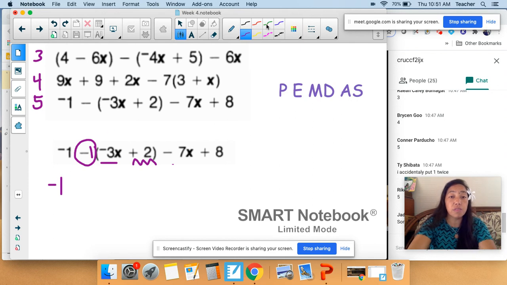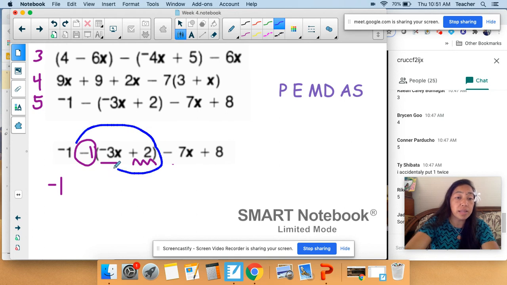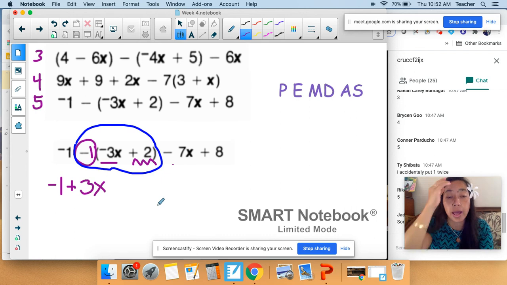So now we are just going to focus on this part here. We're not even going to look at that negative 7x or that 8. We're just going to look right here where I circled in blue. So what is the opposite of a negative 3x? Oh, it's a plus 3x. Because it's a 1, I don't need to multiply by a number like 2, 3, or 4.